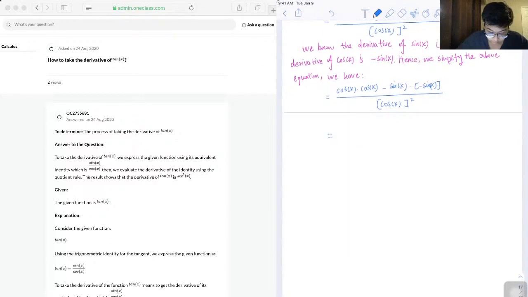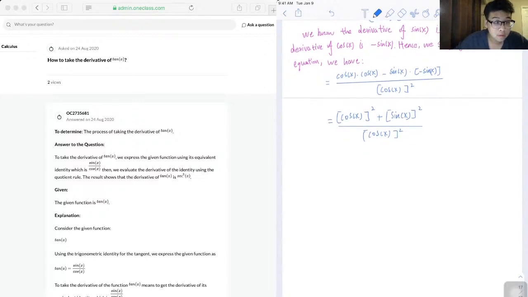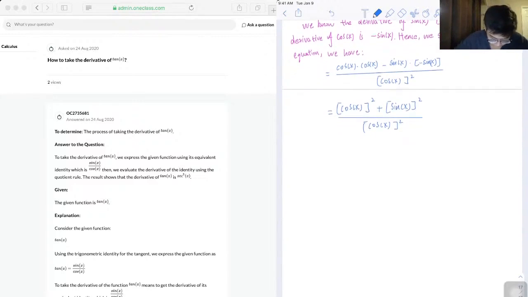So combining the numerator, we get cosine x squared plus sine x squared over cosine x squared. And this can also be written as cosine squared plus sine squared over cosine squared x.